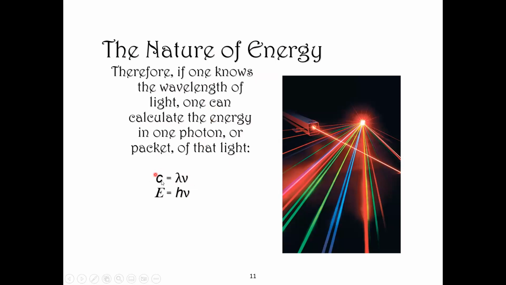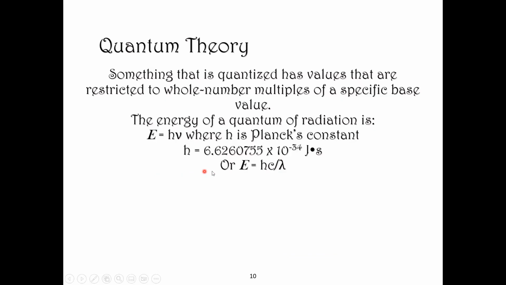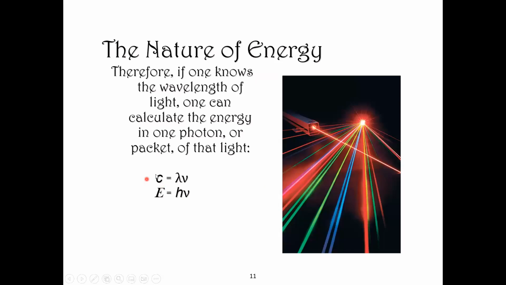And then if we look at these two equations, we can see how we can arrive at the one at the bottom here. So HC over wavelength. The lambda sign, that upside down Y, is going to be referring to the wavelength. So the speed of light is the wavelength times frequency.